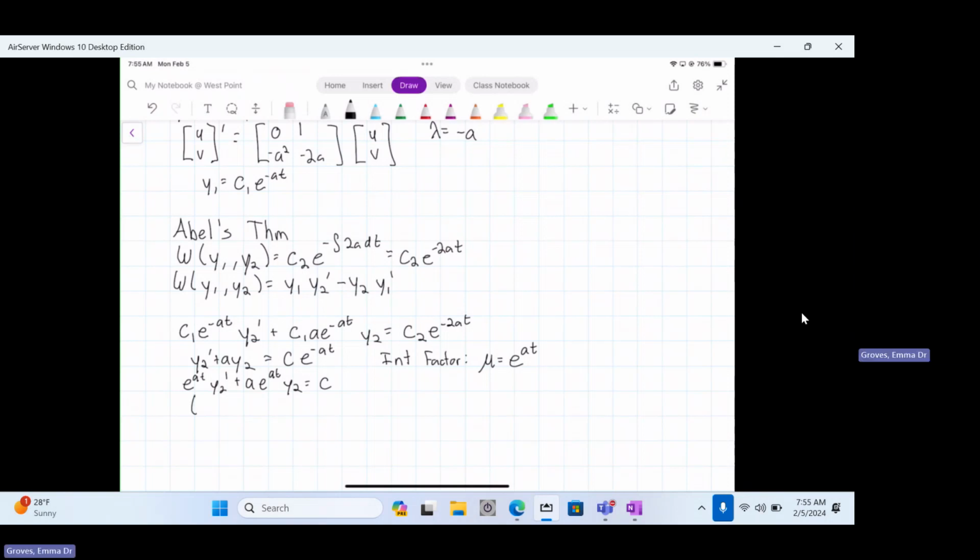Then if I undo the product rule, I've got e to the at y2 prime equals c. And then if I integrate both sides, I've got e to the at y2 equals c t. I'm running out of variables. Let's go with k. Because the integral of c is ct, and then you always have that plus a k when you integrate, right?